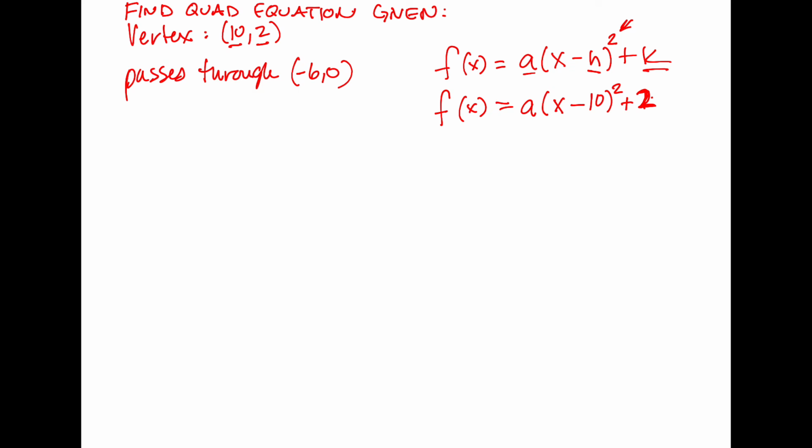Now all I have to find is a, and when I'm given a point that it passes through, I'm given an x and y that we know are a solution to this function.